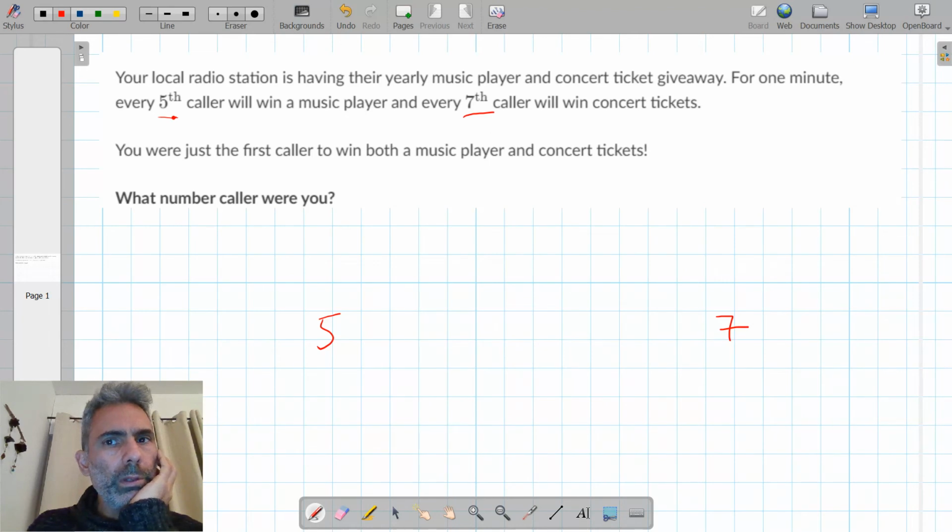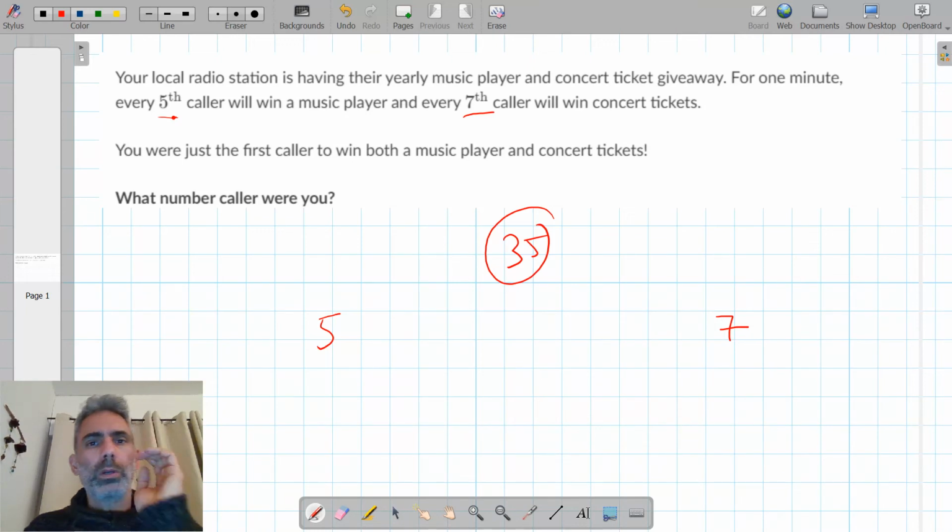So if I'm the 35th caller, I'm also every 5th caller, and I'm also every 7th caller. So this is the least common multiple of these 2 numbers. Okay, so it's 35.